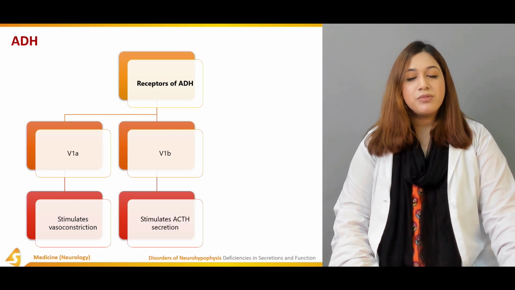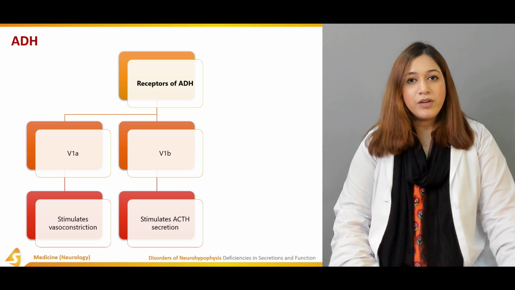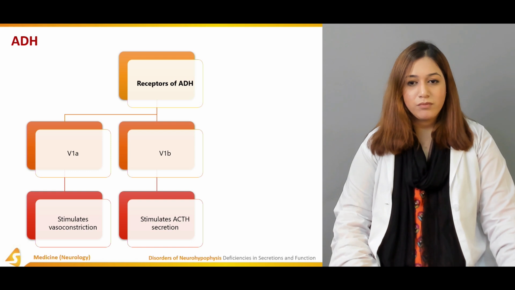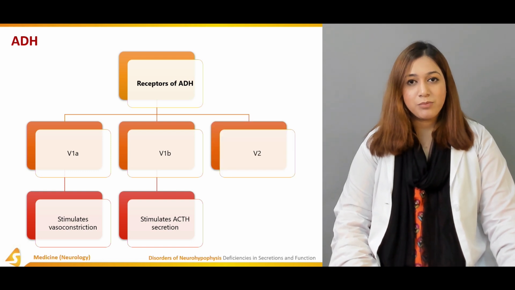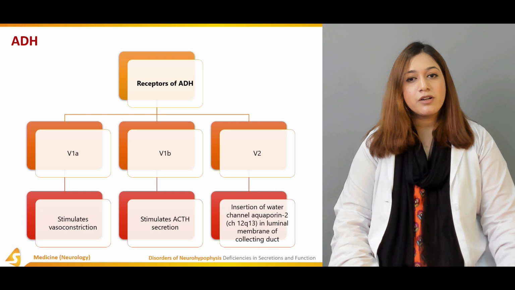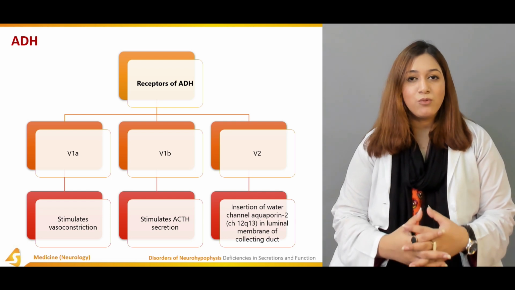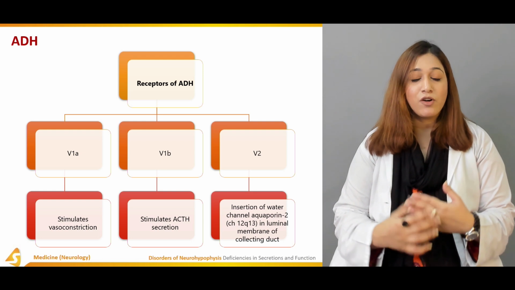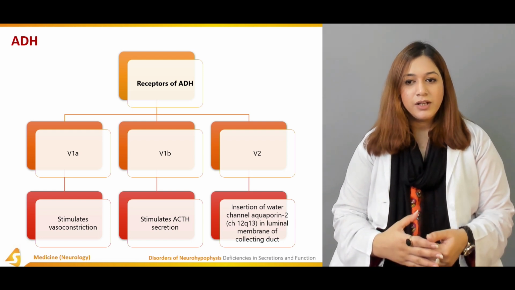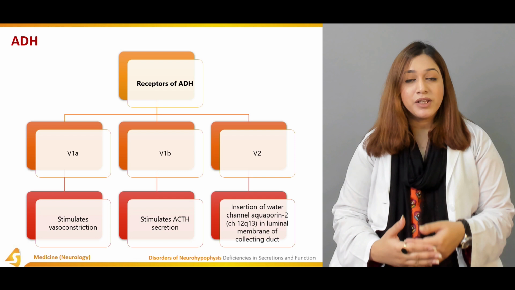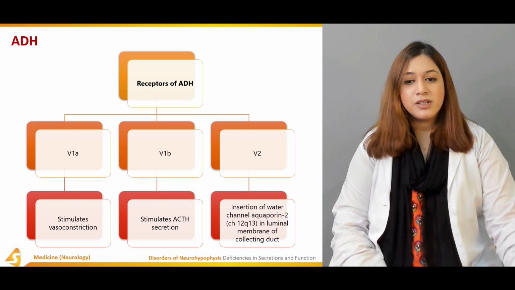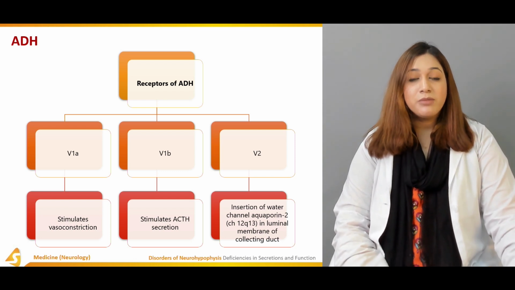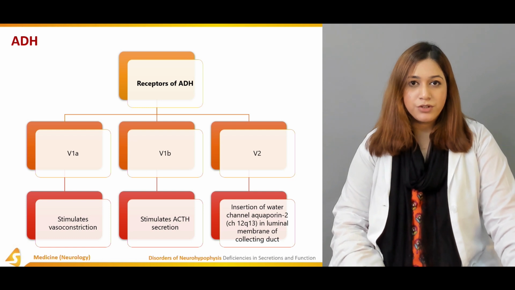These receptors are found on the adrenal glands and they are responsible for the stimulation of ACTH secretion. And then there are V2 receptors. These receptors are responsible for the insertion of water channels, aquaporin 2 channels, in the luminal membrane of the collecting ducts. These receptors are found in the kidney, and they are encoded by chromosome 12q13.